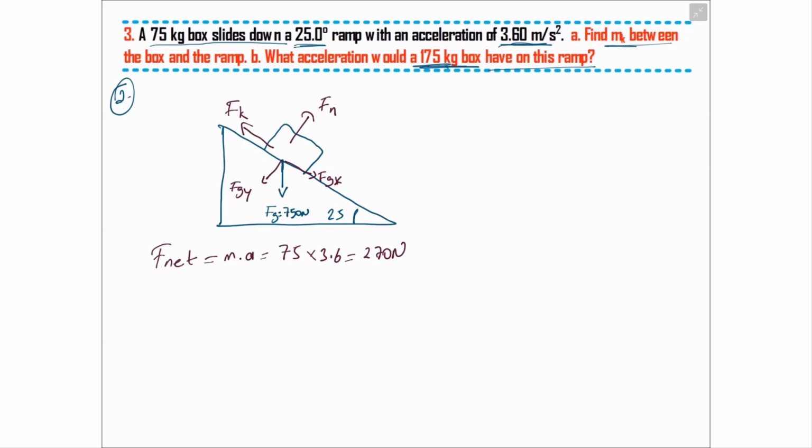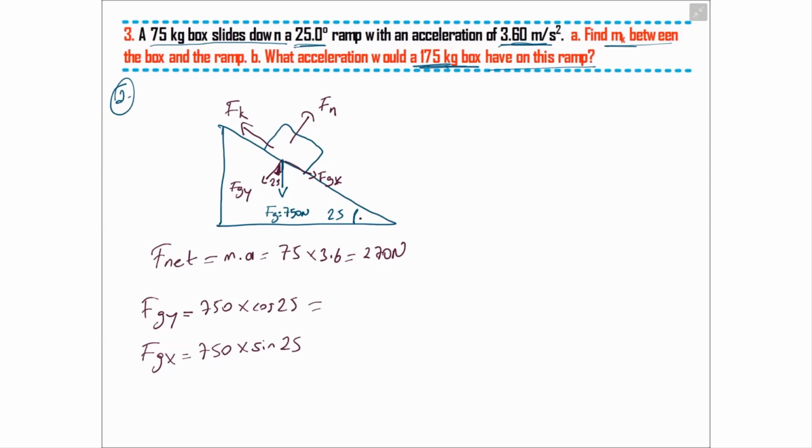The angle here, which is equal to this angle, is 25. So Fgy equals 750 times cosine 25, and Fgx will be 750 times sine 25.